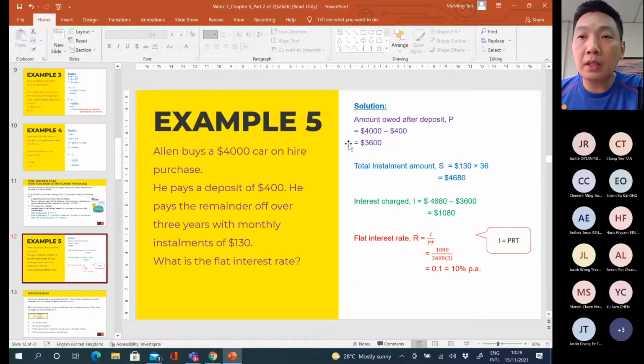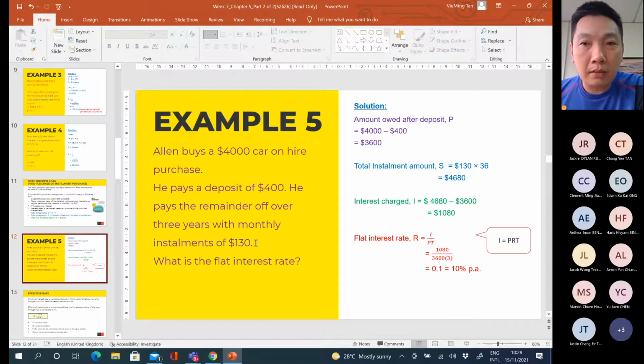Why do we calculate this? Because this value will be charged interest. That is the first step.